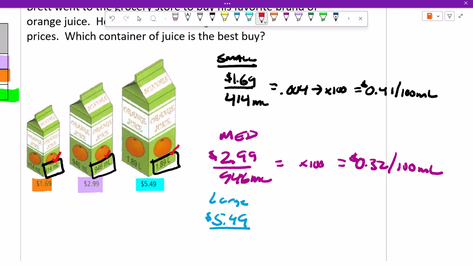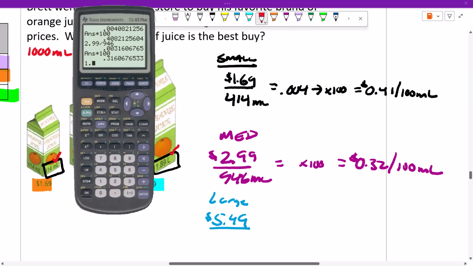And the one thing that you need to know, there is 1,000 milliliters in every 1 liter. So this 1.89, if I grab my calculator and I times it by 1,000, that tells us how many milliliters this is. This is 1,890 milliliters.